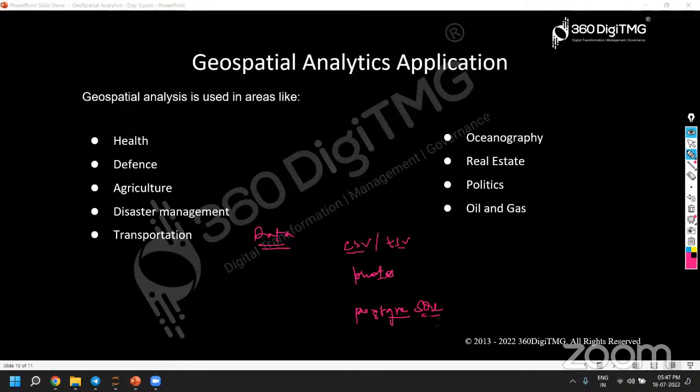Then we also have satellite and imagery data, aerial images. Then we also have something called polygons, lines. So these are all different formats, basically. Each of these formats has its own pros and cons, and we'll have to choose the appropriate solution by doing a cost-based analysis on all these different file formats that we have.